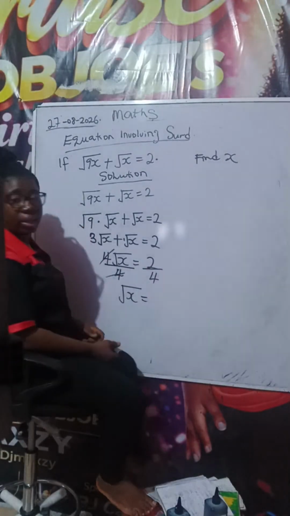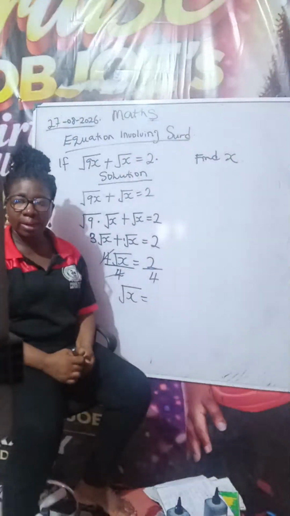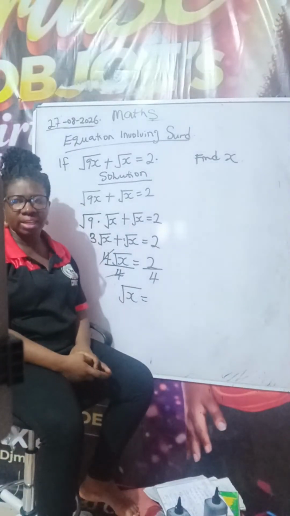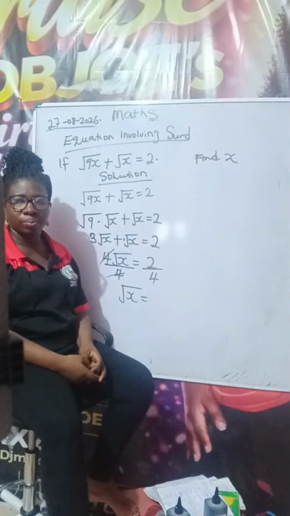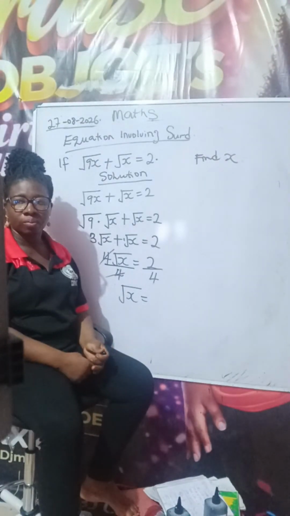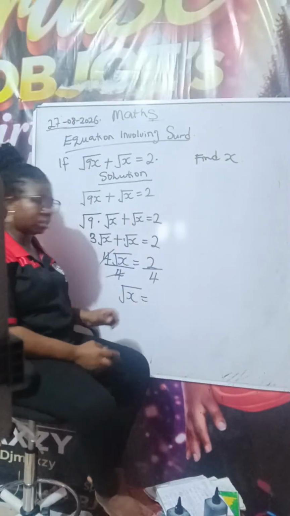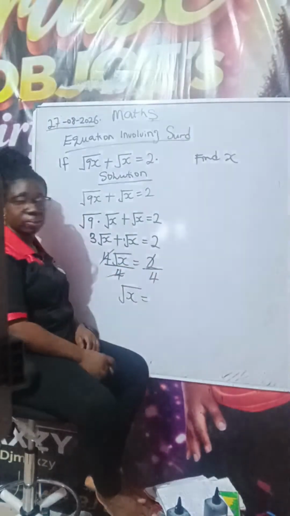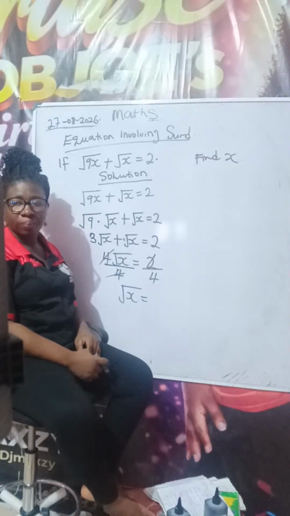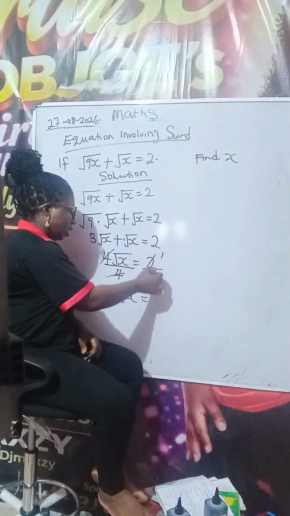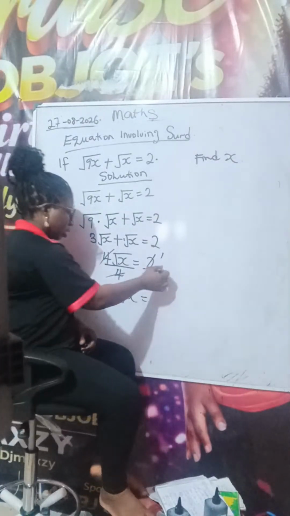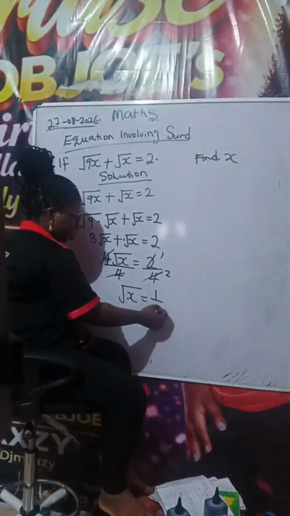Now, can 2 and 4 divide? We divide by 2. 2 divided by 2 is 1, and 4 divided by 2 gives us 2. So we have 1 over 2.